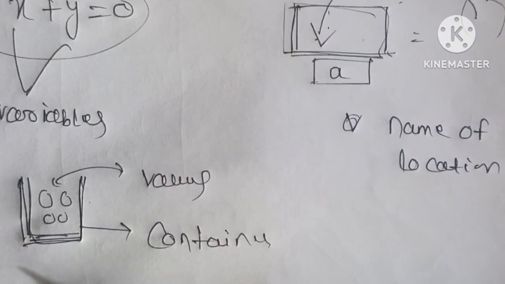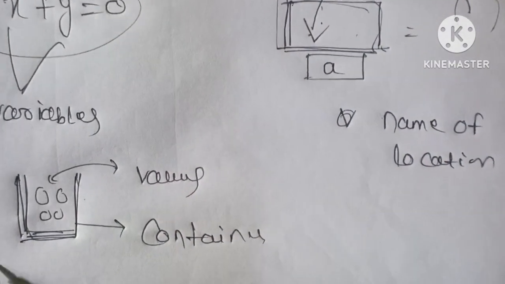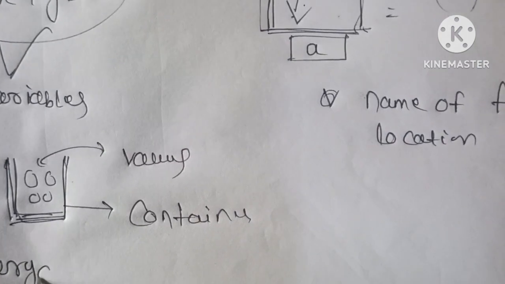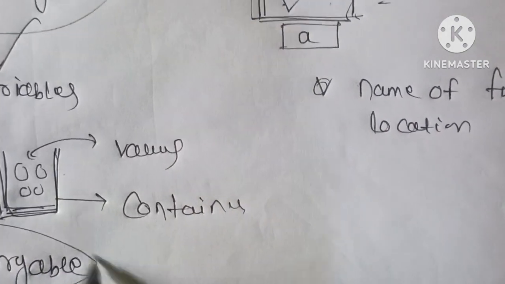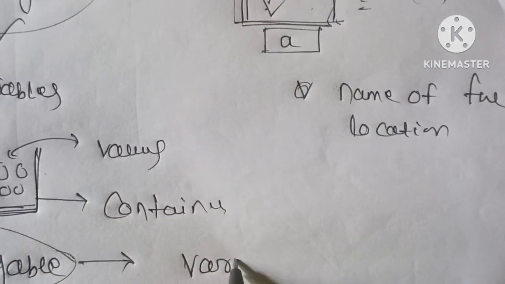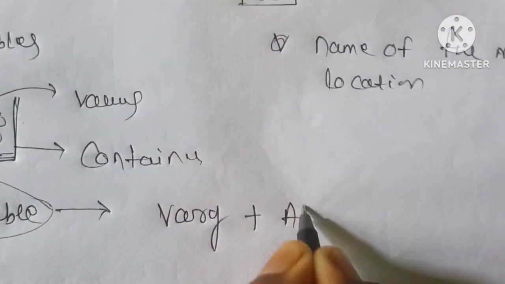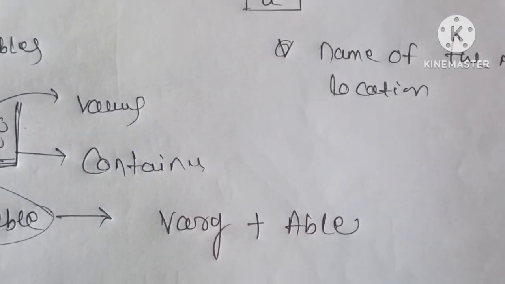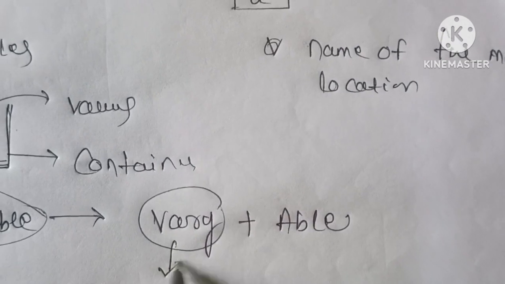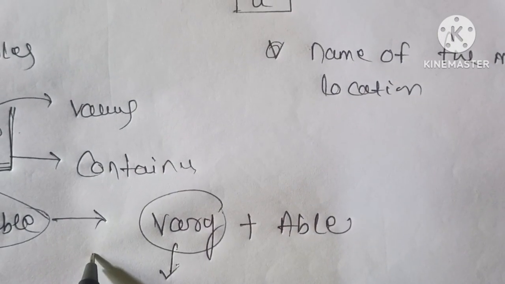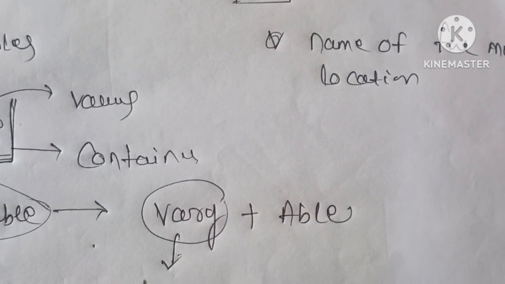Why do I say this is a variable? Because variable is a word which is a combination of two words. One is vary, another one is able. So vary means the value which is assigned to that variable always changes, it is not fixed.